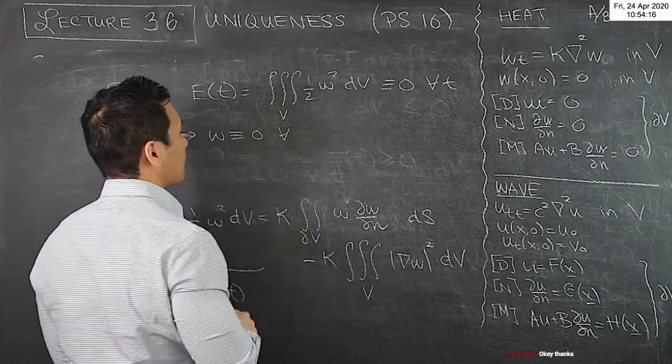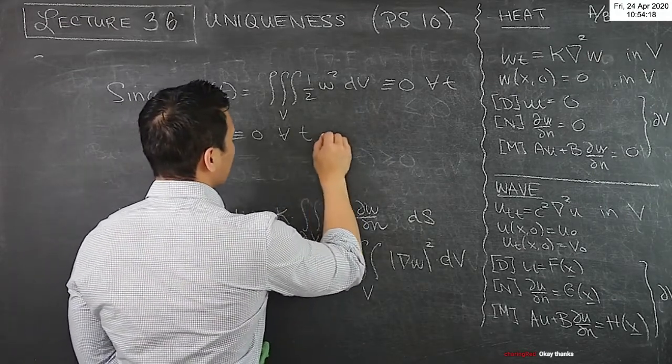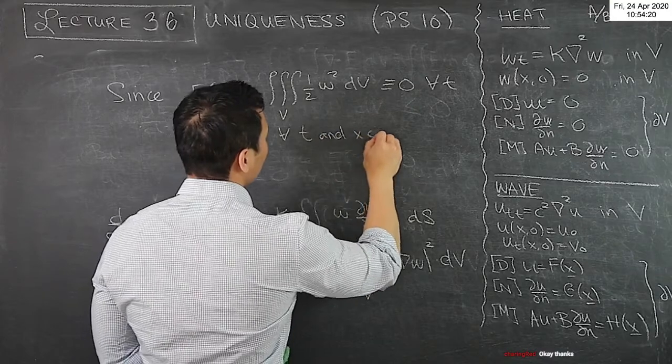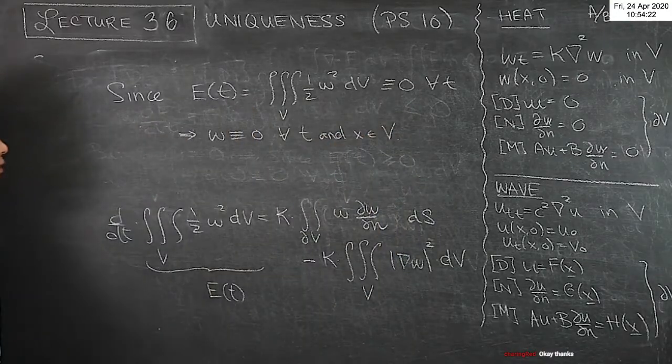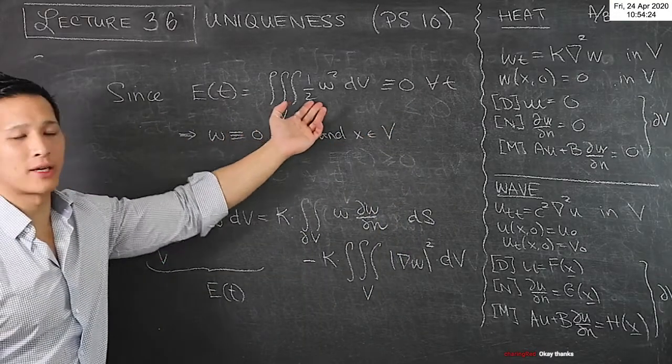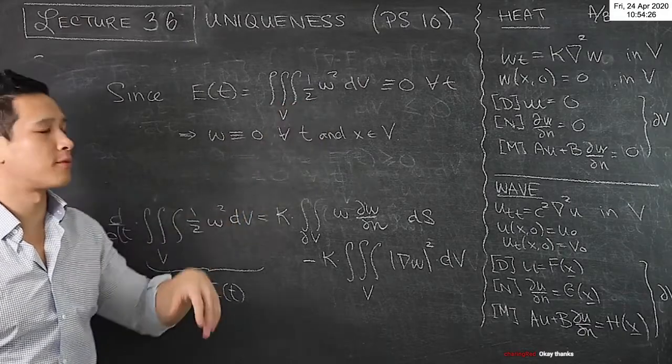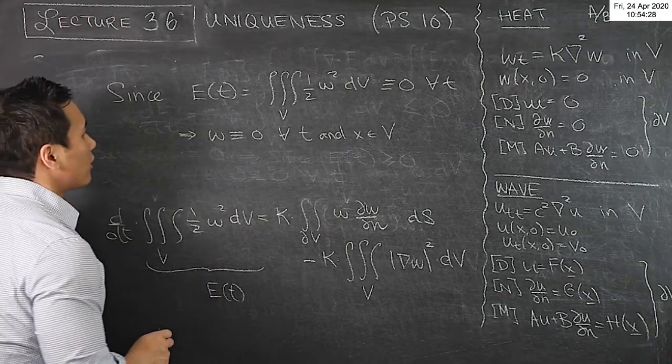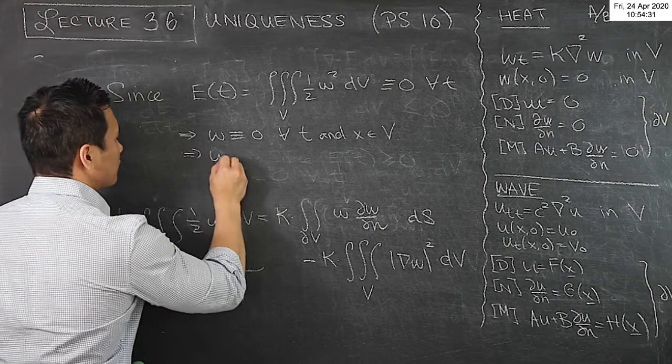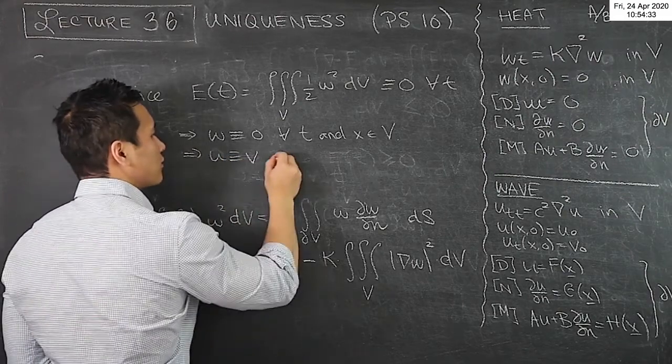Yeah, for all t and not for all x. Okay, because if it was not the case, then you'd get some sort of positive area here, or positive volume. And so that tells you that u is equal to v, so you have uniqueness.